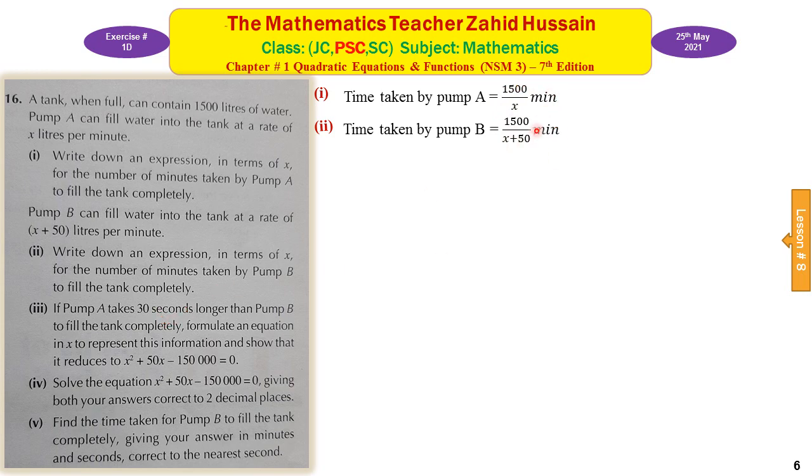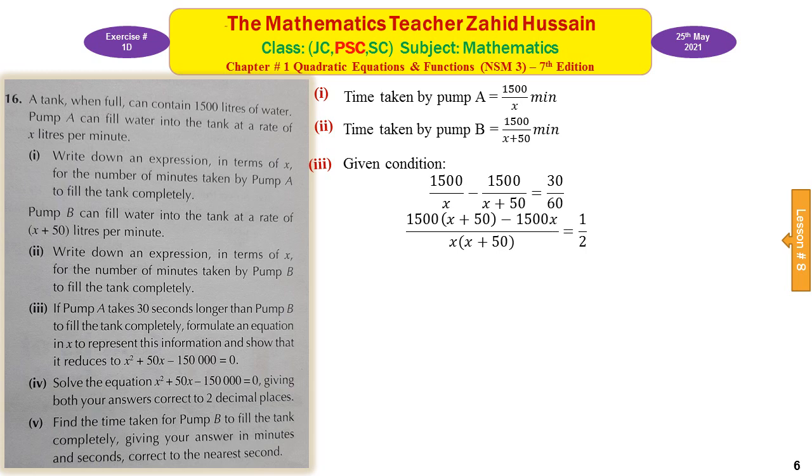These two times are given in minutes, so their difference should also be in minutes. So we will convert 30 seconds into minutes by dividing 30 by 60. So according to the given condition, the difference between the time taken by pump A and the time taken by pump B is equal to 30 over 60 minutes.